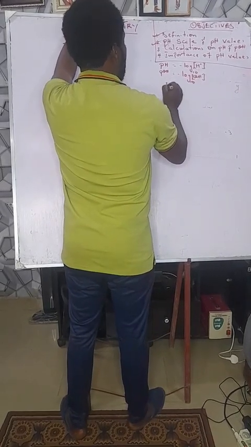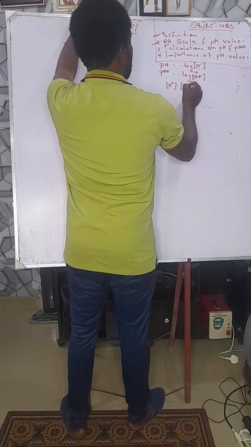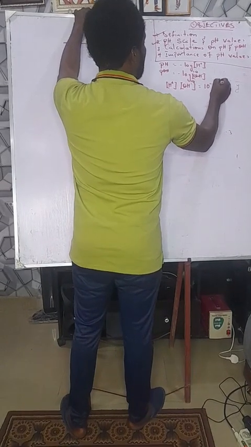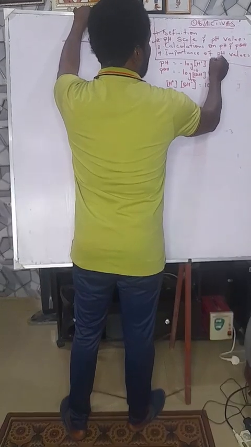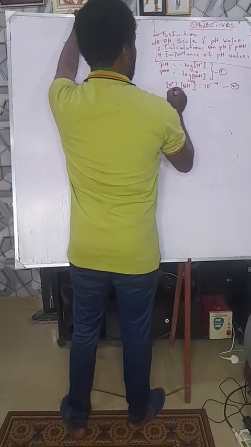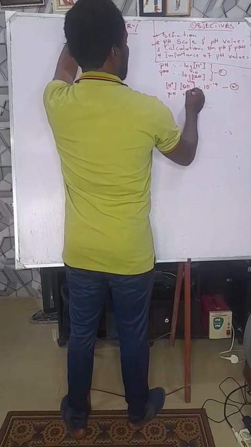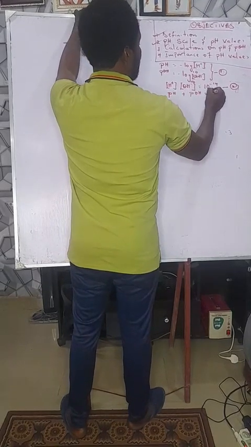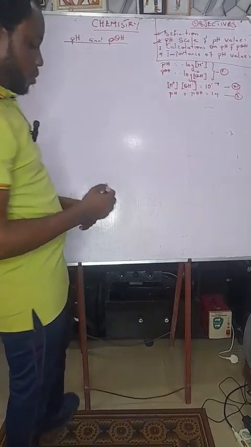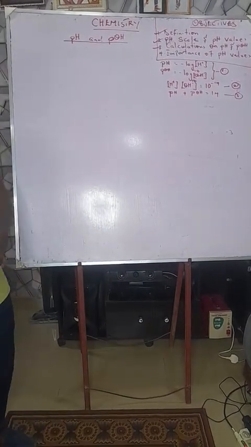Then I gave you hydrogen ion concentration times hydroxide ion concentration equals 10 raised to the power of minus 14. This is 1. This is 2. Then lastly, I gave you pH plus pOH equals 14. This is number 3.